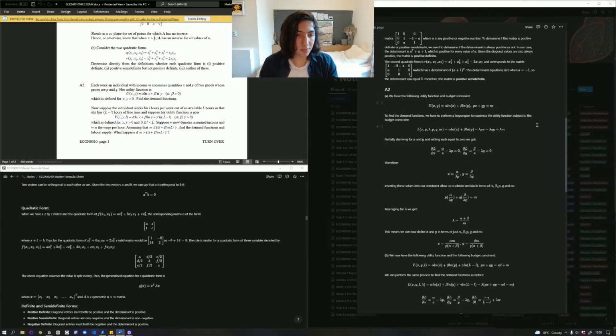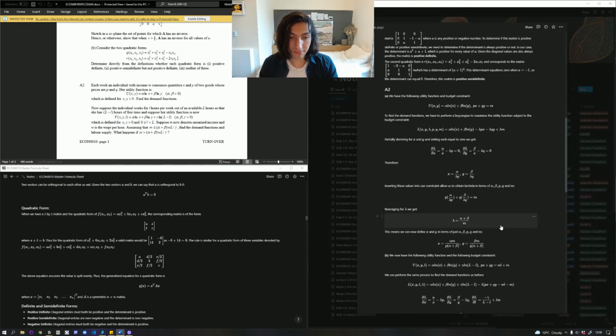So what we do is a Lagrangian, and we take the partial derivatives with respect to x and y, rearranging for x and y. At the end of that, you get alpha over lambda p and beta over lambda q. Also, feel free to pause if you need to. We add this back into our budget constraint and we get a value of lambda.